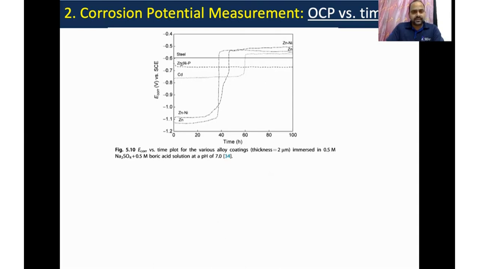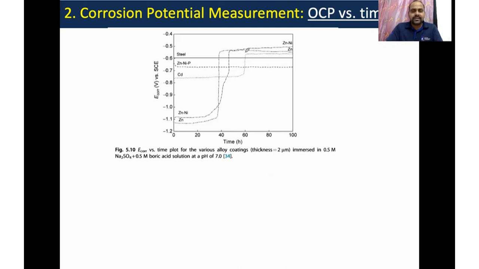And by using the Stern-Geary equation, we can calculate the I corrosion, meaning corrosion current, based on the value of polarization resistance. And then based on the I corrosion current, we can calculate the corrosion rate.